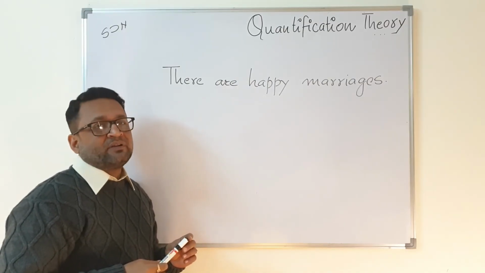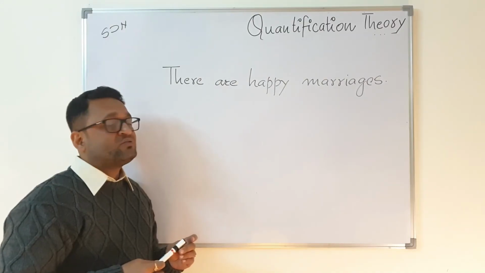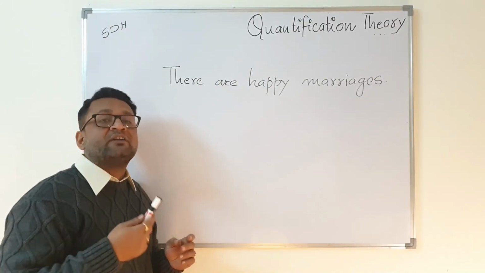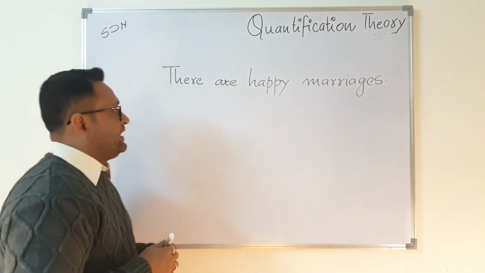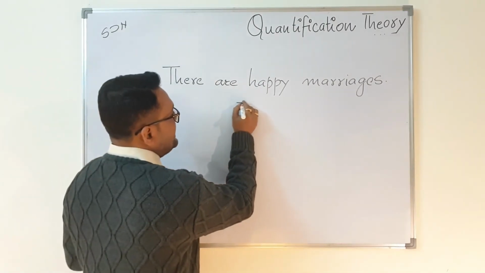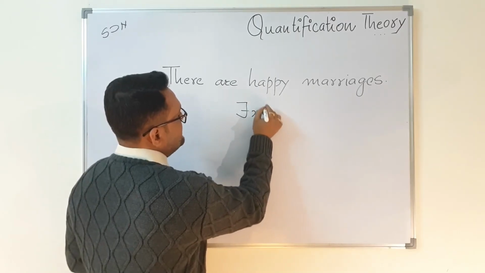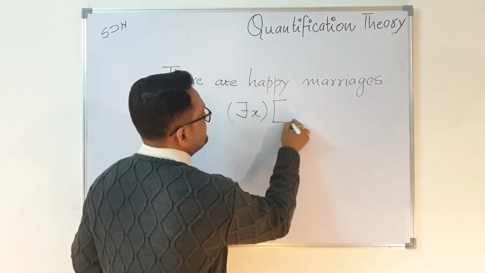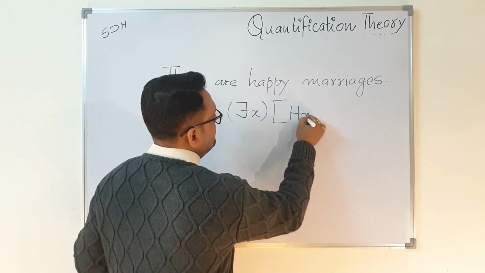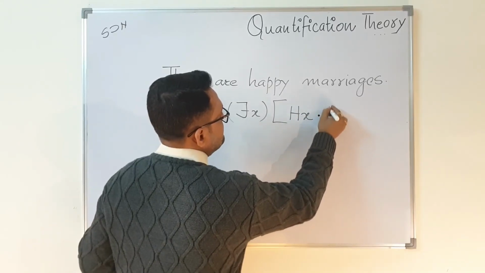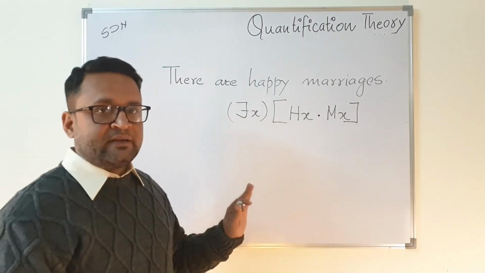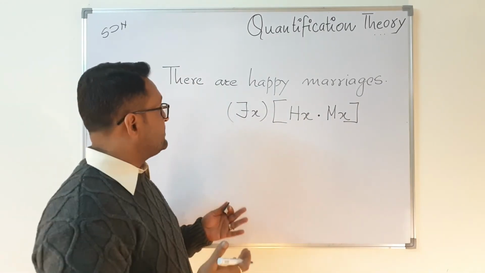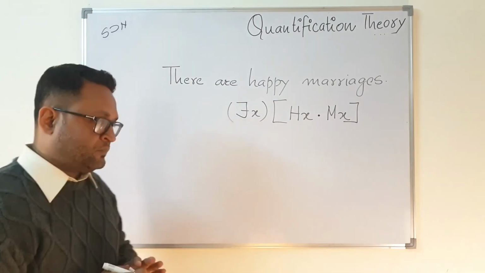It is a false statement, I must say that, but still we need to symbolize it. It is symbolized as there exists X such that X is happy and X is married. For men, it cannot be the case, but still, if it is written, so it is written.